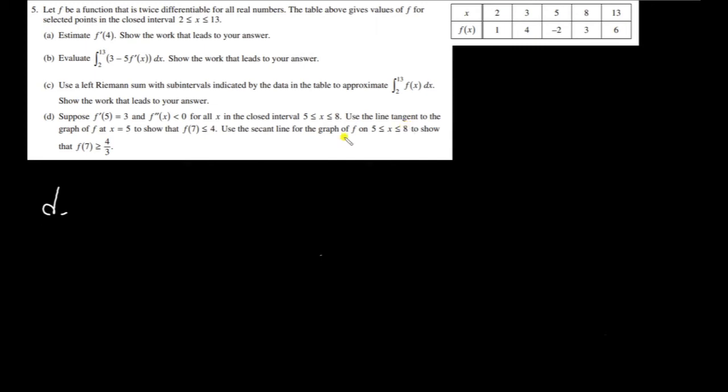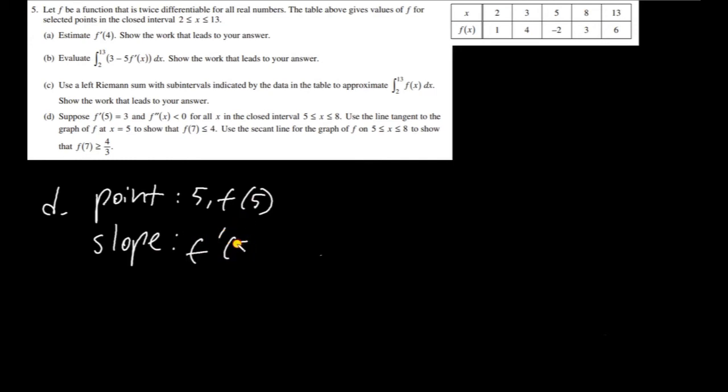Whenever we want a tangent line, we always want to write down the words point and slope. Okay, the point is going to be 5 comma f of 5. That's the point, and the slope is going to be the slope of the tangent line at that point, which is f prime of 5.